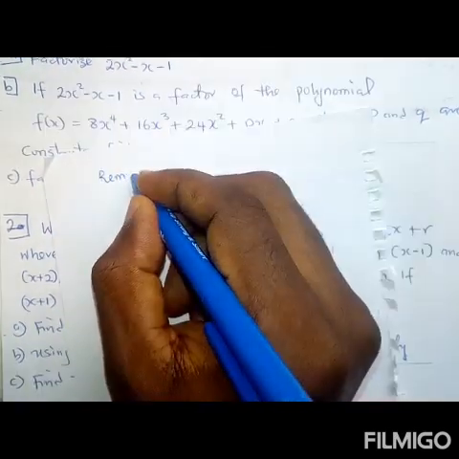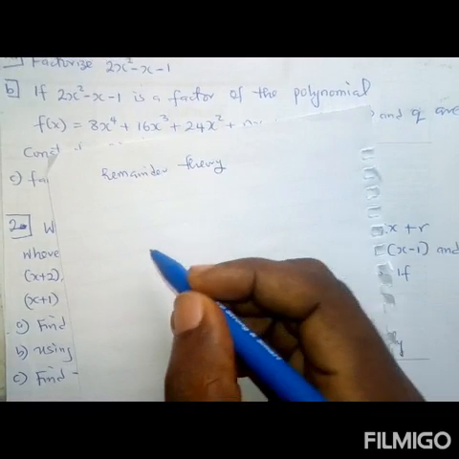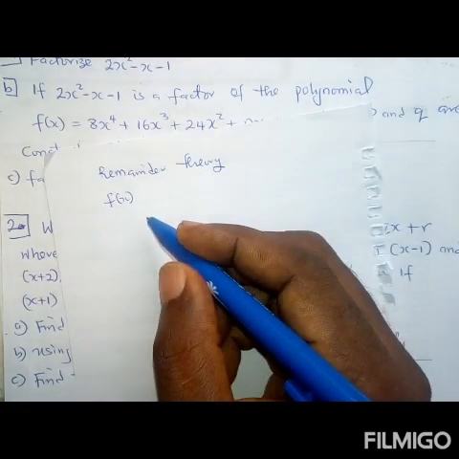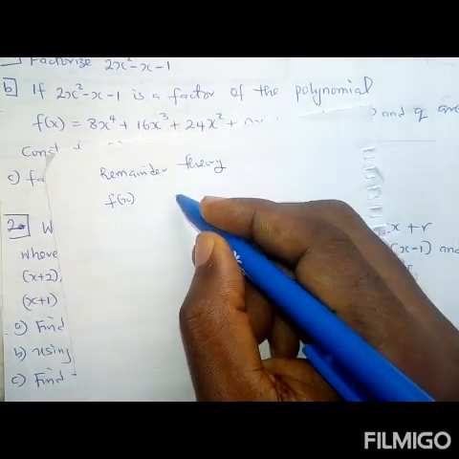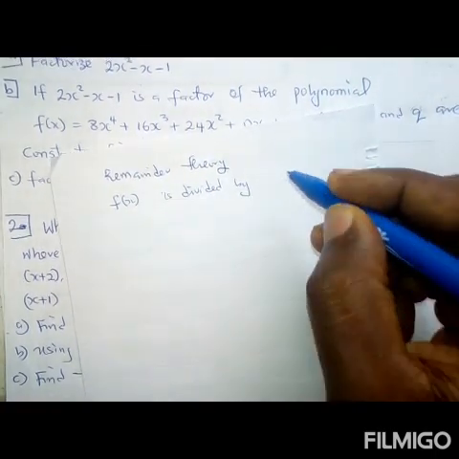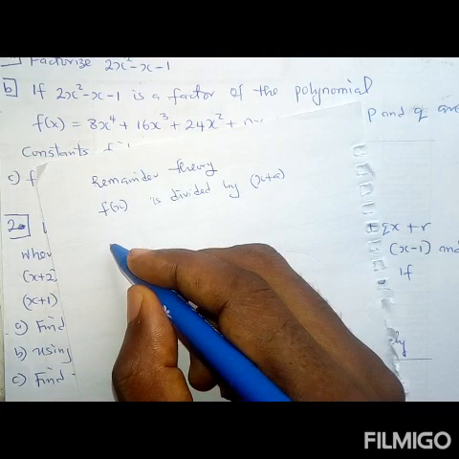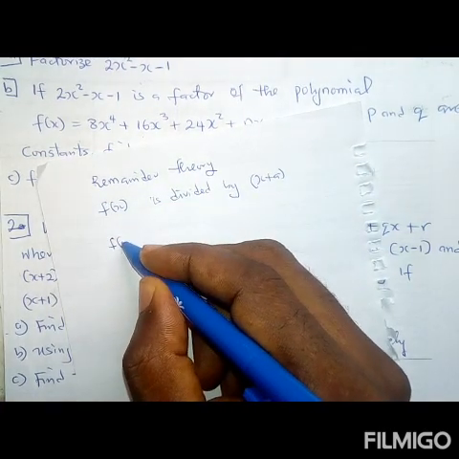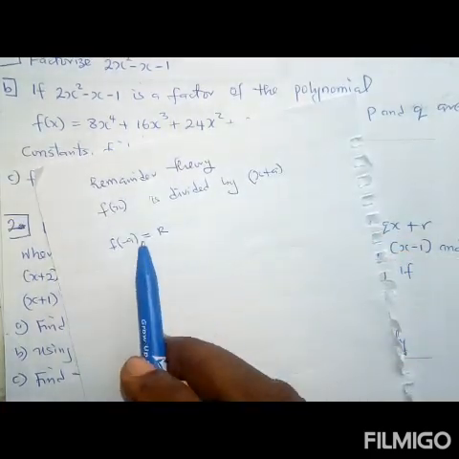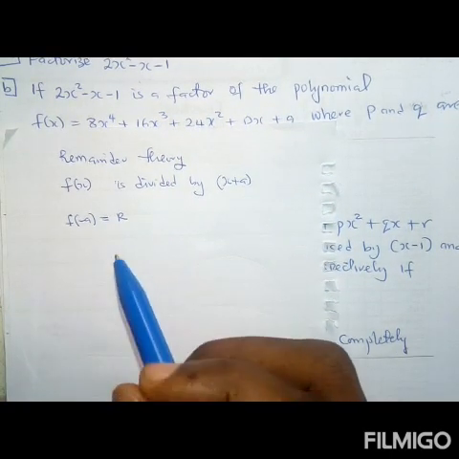Remainder theorem says that if a function f of x is divided by a function, say x plus a, then when you put f of minus a, it will give you the remainder. This one, I guess, is going to be abstract to you, so I will cite an example.